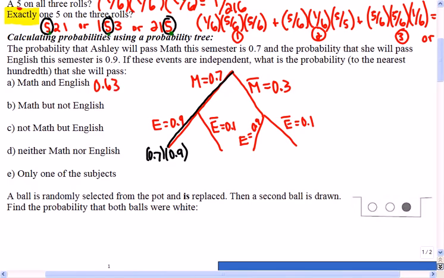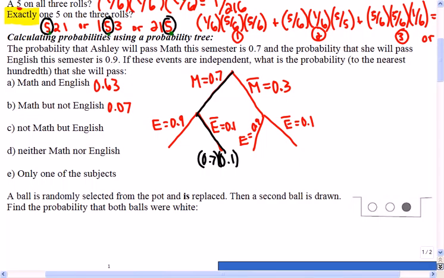Now, if she wants to pass math but not English, then we have a different branch now, so I'm going to clear this. So if she wants to pass math but not English, here's where she ends up, at 0.7 times 0.1. So the probability of that happening is their product, which is 0.07.